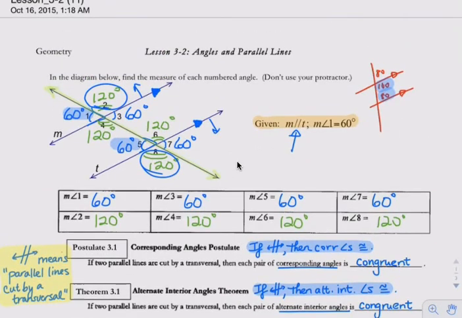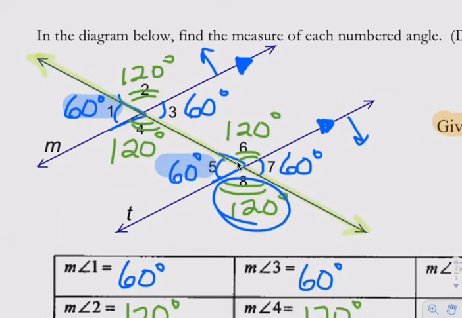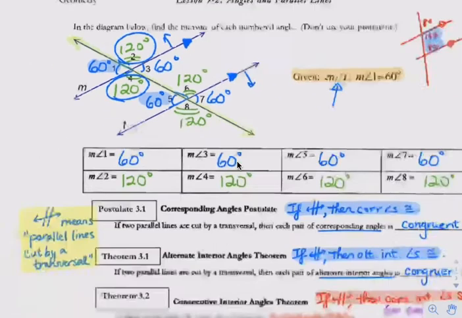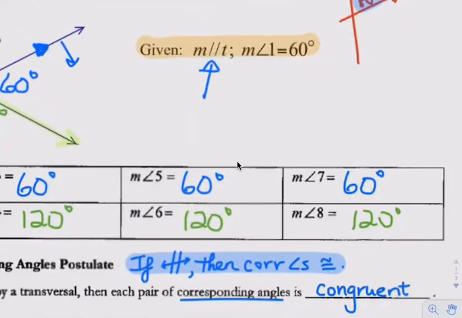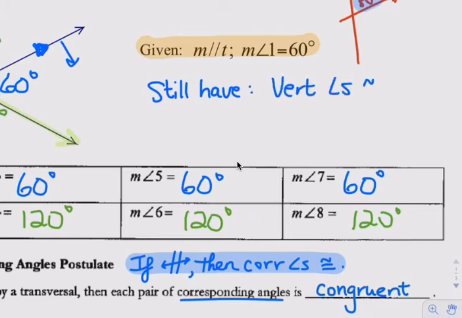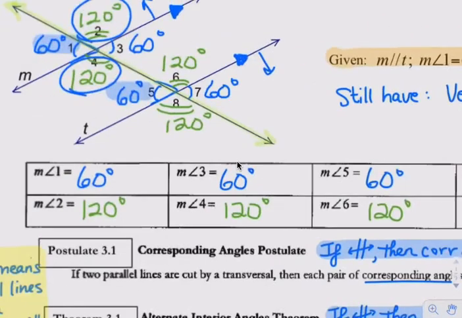Now remember that you've still got vertical angles, just like you always did, and you still know that vertical angles are congruent. This does not require parallel lines. And then what about linear pairs?